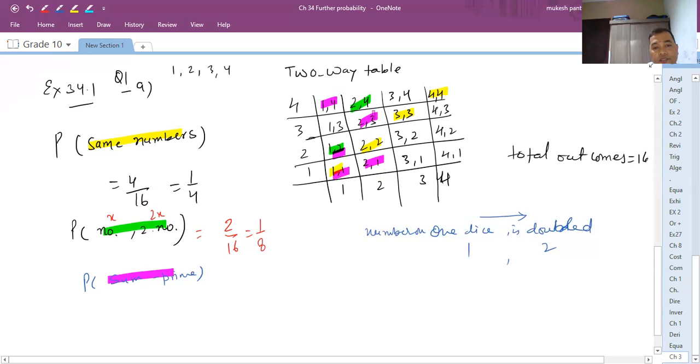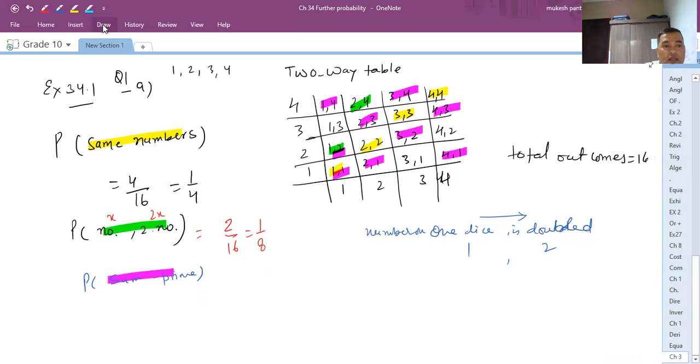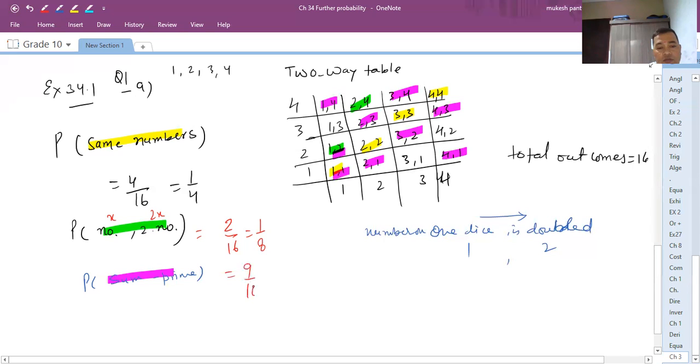Then 3 and 4, yes. Then 4 and 5, 4 and 3, yes. So count: 1, 2, 3, 4, 5, 6, 7, 8, 9. There are 9 such outcomes. Is it okay?